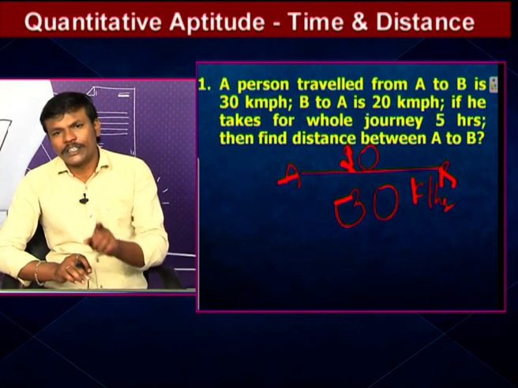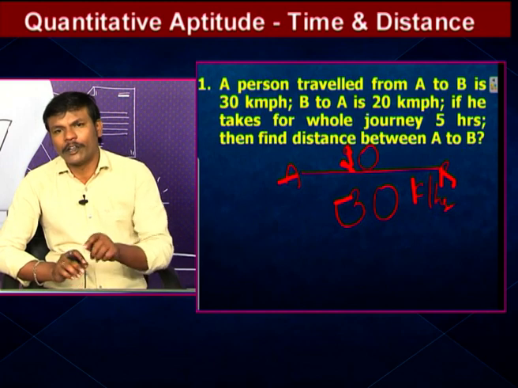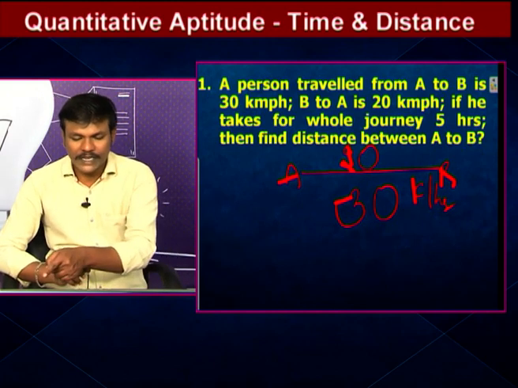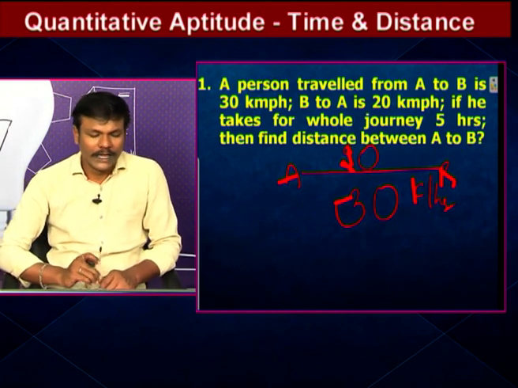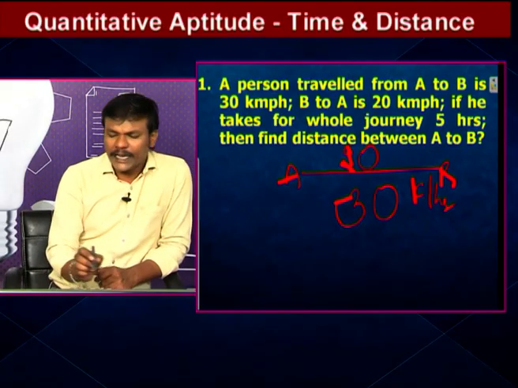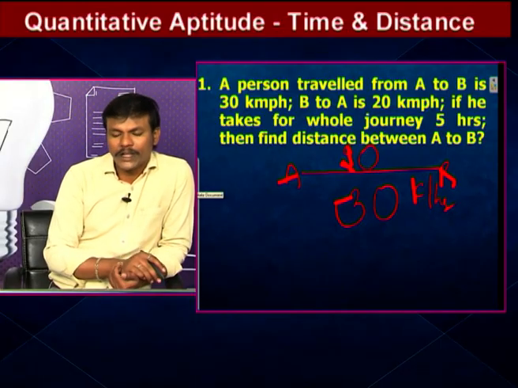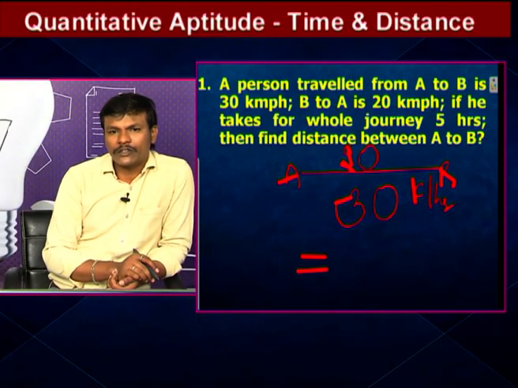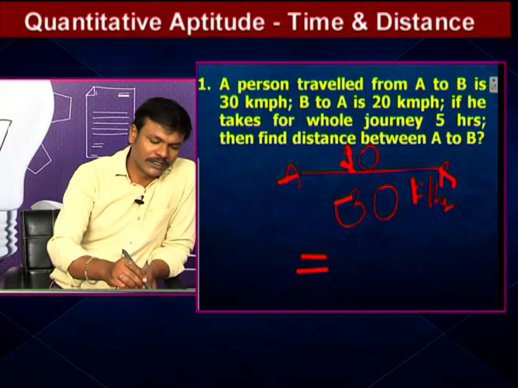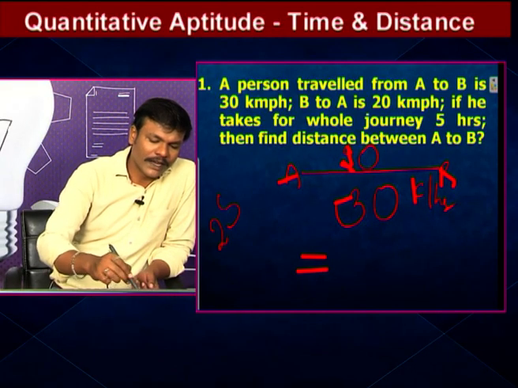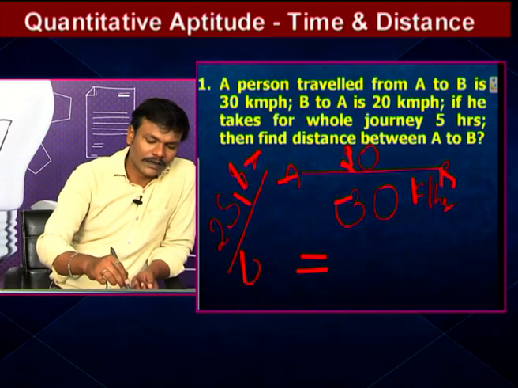One condition is that we have two speeds. The second is the same distance, A to B and B to A. So when the same distance is travelled with two speeds, we apply average speed. What is average speed? 2 s1 s2 by s1 plus s2.